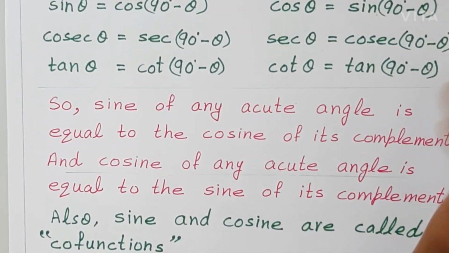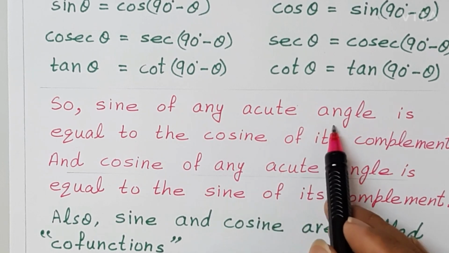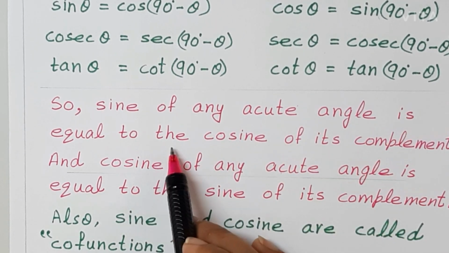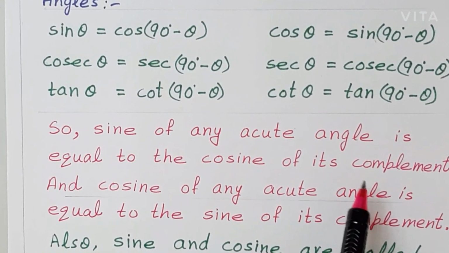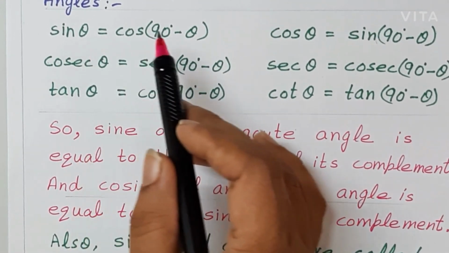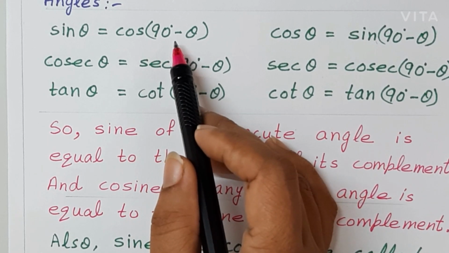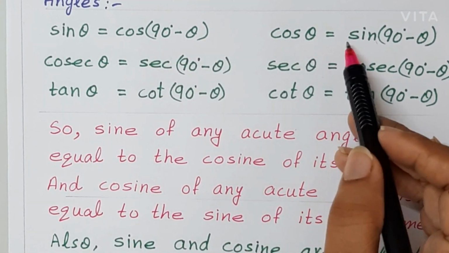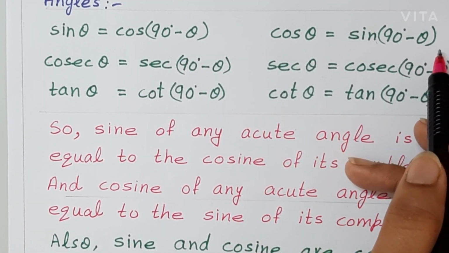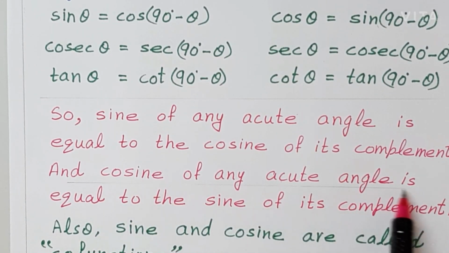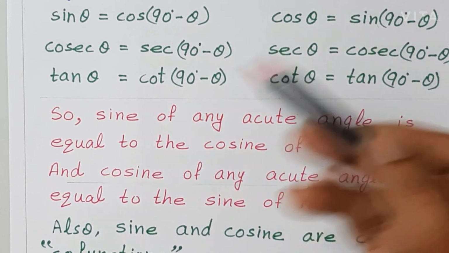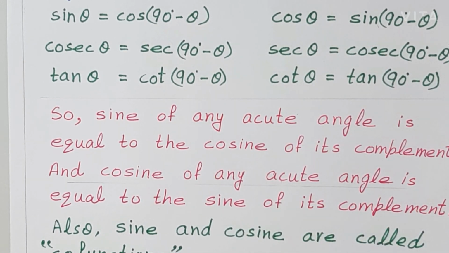So, sine of any acute angle is equal to the cosine of its complement. Clear? That is, sin theta is equal to cos 90 minus theta, and cos theta is equal to sin 90 minus theta. So, cosine of any acute angle is equal to the sine of its complement. They are just vice versa of each other.